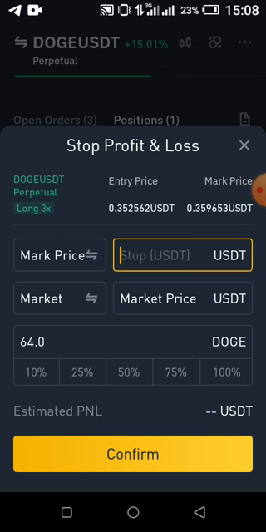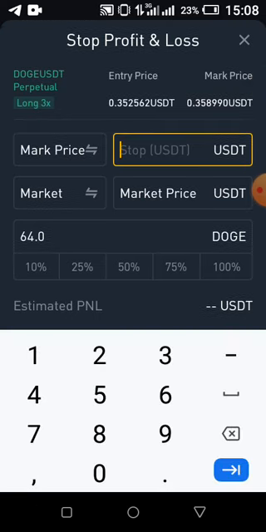In taking profit, our entry price here is 0.352562, and then our mark price is 0.359430. If I put a value above this mark price, it will act as take profit. For example, now I'm putting 0.4.